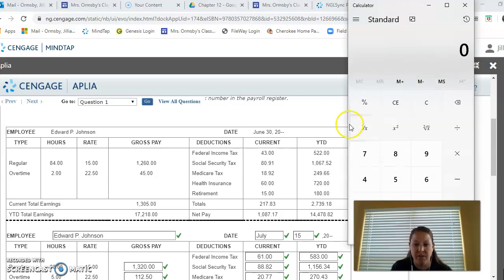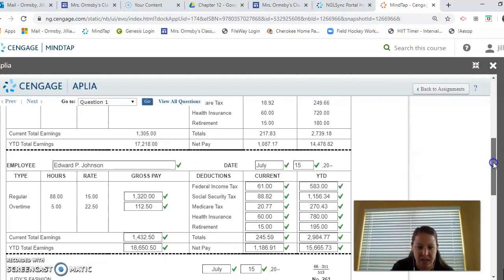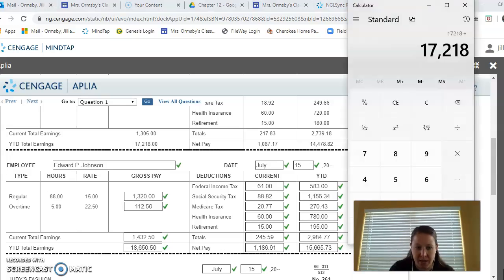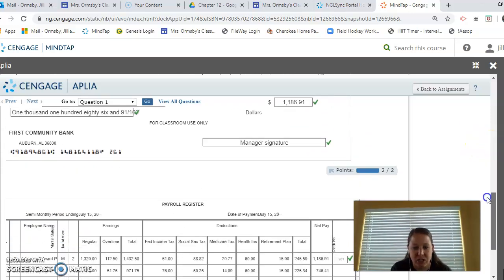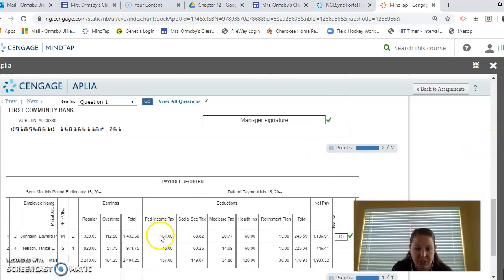So we have $17,218 plus our current total earnings here, so plus $1,432.50, and that gives us our year-to-date total earnings, $18,650.50.